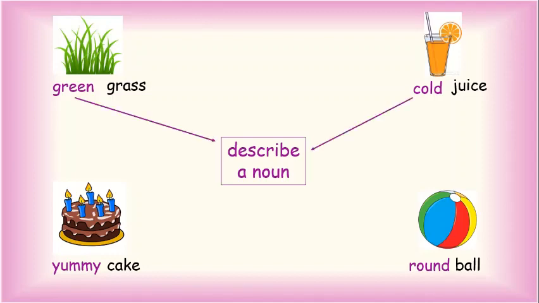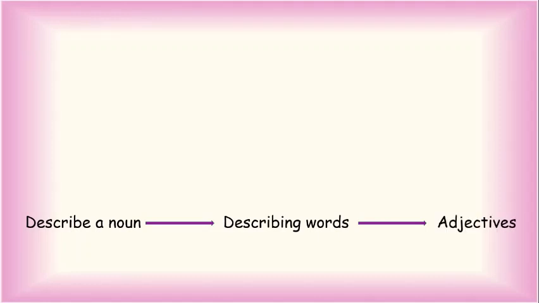Green, cold, yummy, round. These words describe a noun. So the words that describe a noun are called describing words. And describing words have a special name, adjectives.